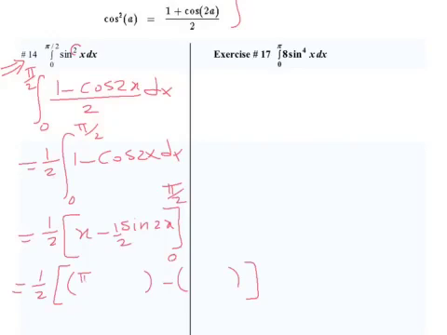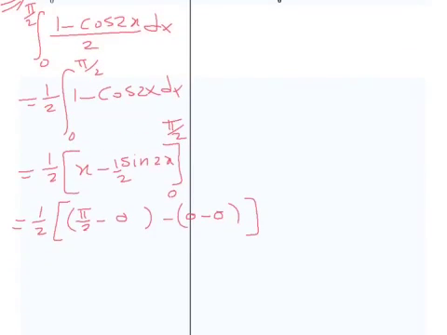So this will become pi over 2 minus sine of 2 times pi over 2, which is sine pi, which is 0, and then 0 minus sine 0, which is 0. So the final answer will be pi divided by 4.